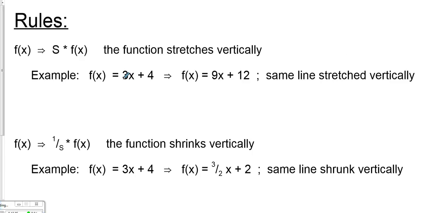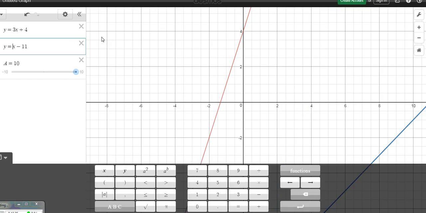So again, to look at an example, if I started with that 3x plus 4 and I multiply the entire function times 3, right? 3 times 3x is 9x, 3 times 4 is 12. It's the same exact line, it's just stretched vertically. So from 3x plus 4 to 9x plus 12.